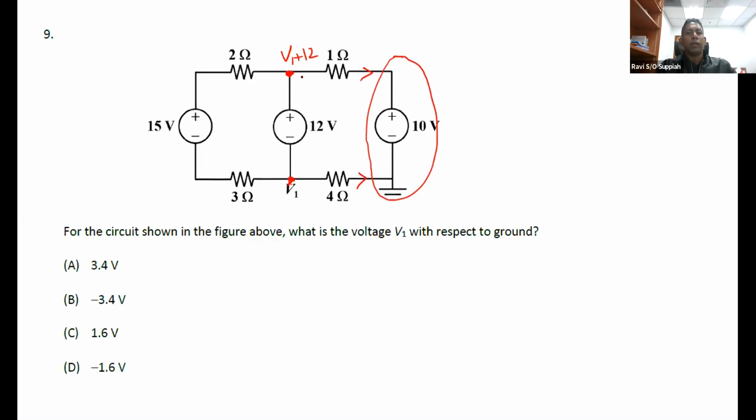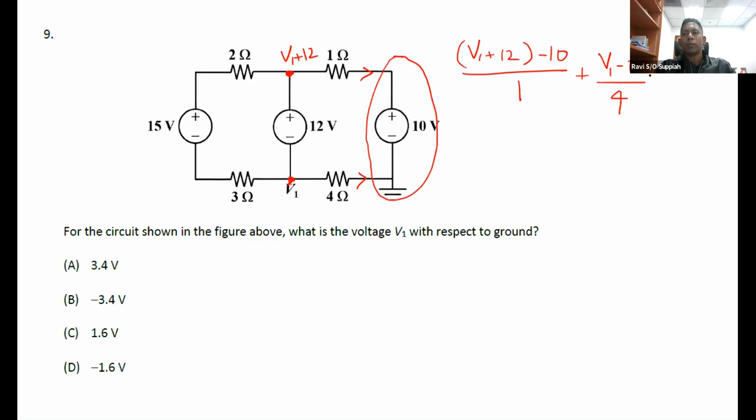So if I take that approach, then I can say that V1 plus 12, minus 10, divided by 1, that is this current over here, plus V1 minus 0 divided by 4, which is this current over here.